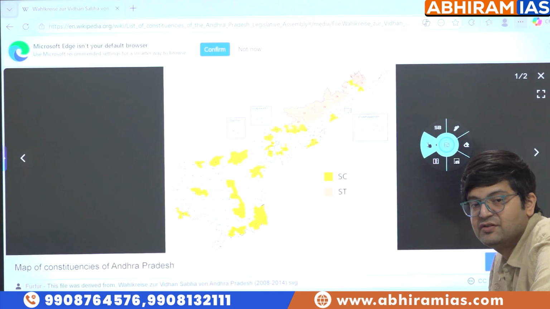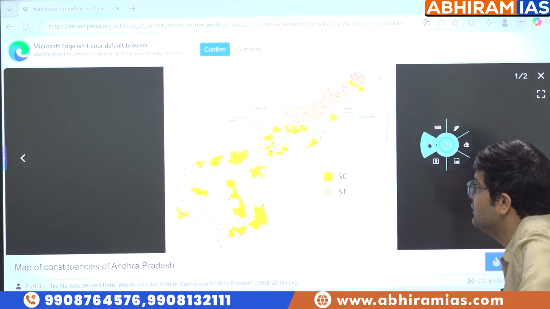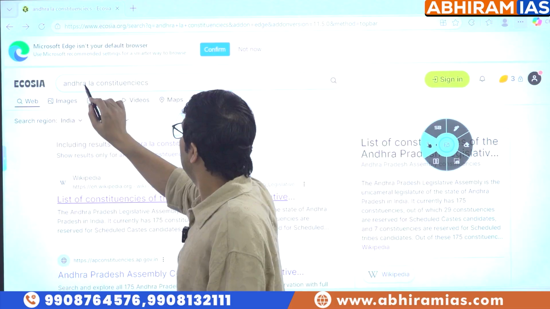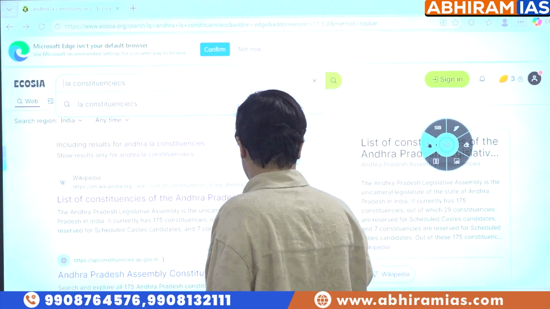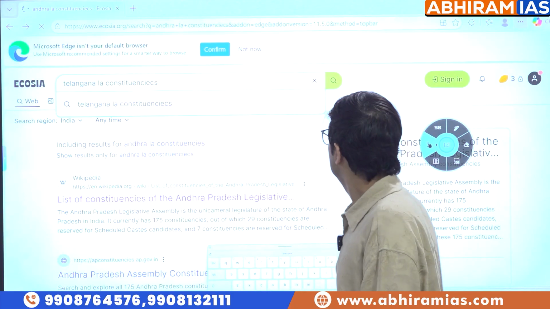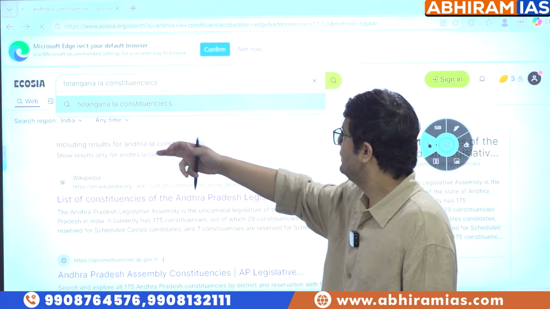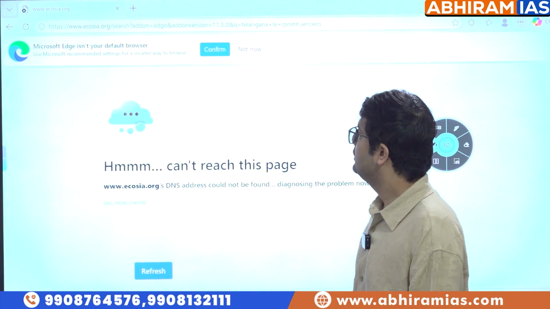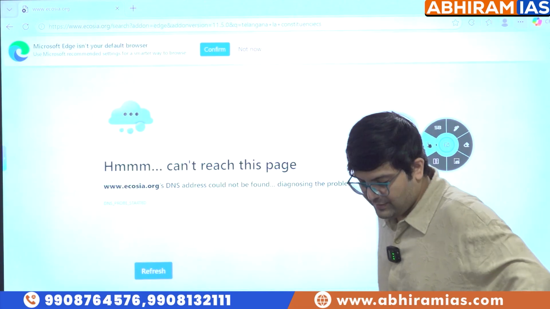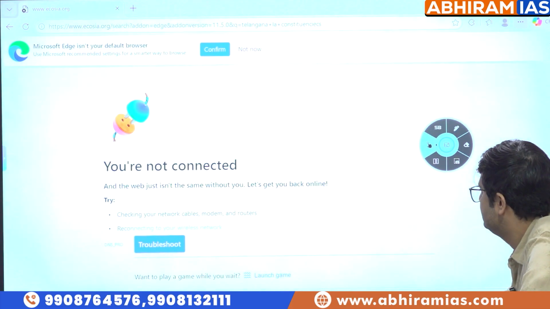And of course, you have some reservation for SCs and STs. So that is for Andhra Pradesh, and so that people of Telangana don't feel left out, Telangana. I think the net has stopped working in your case, possibly. Extremely sorry for that. Maybe the internet is not supportive of this idea. So it's almost the same thing.